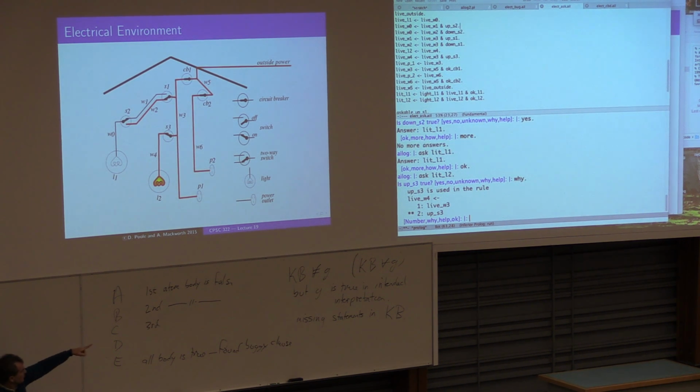It tells you that the reason I wanted to ask up S2 was because there's this rule that says W4 is live if live W3 and up S3. So you can effectively debug answers that are asked that you don't think should be asked.